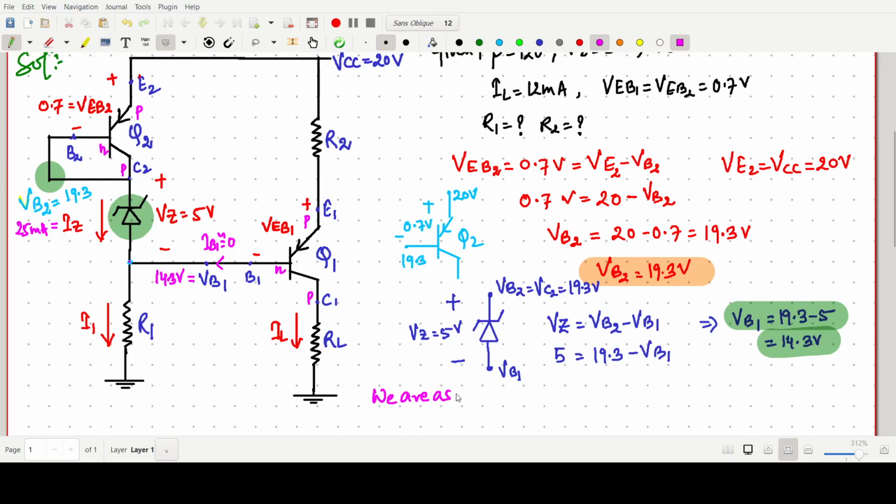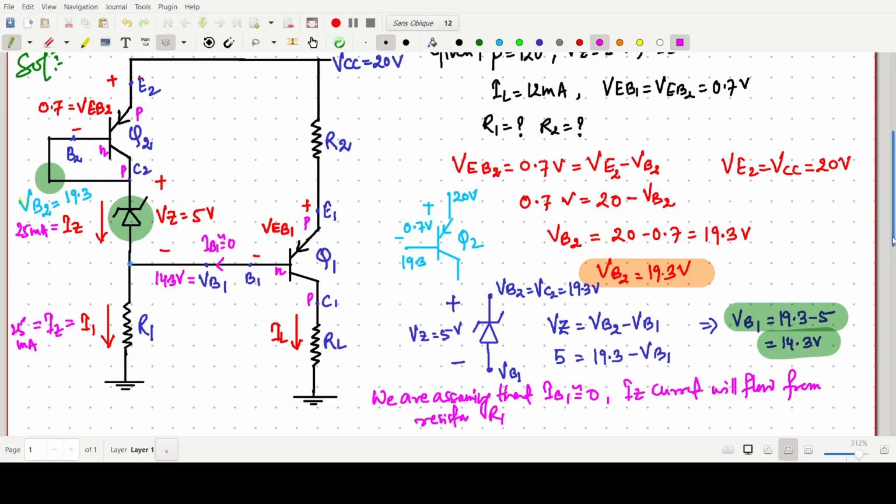We are assuming that IB1 current is nearly zero, so IZ will flow through resistor R1. So I1 is simply IZ, and this is 25 milliampere.